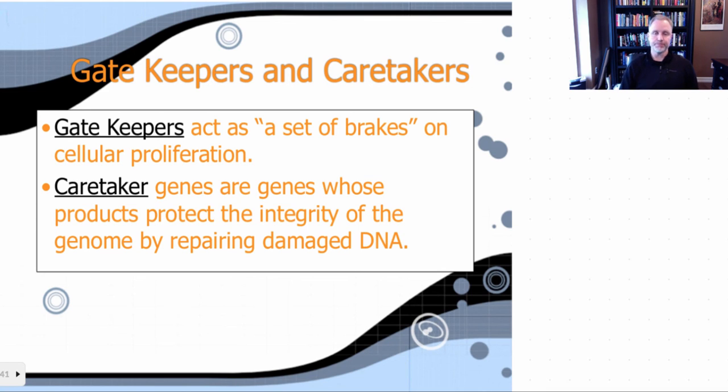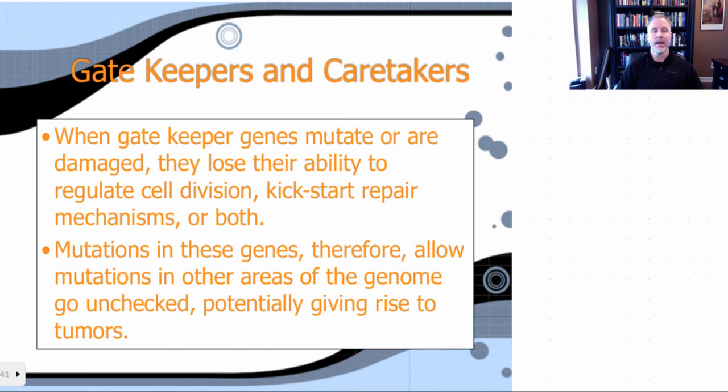And then these caretaker genes, these are genes whose products really protect the integrity of the genome. In other words, they're going to care for the DNA within that cell, and their job really is to repair this damaged DNA. And if a caretaker gene gets mutated, damaged somehow, they lose their ability to get these repair mechanisms going.